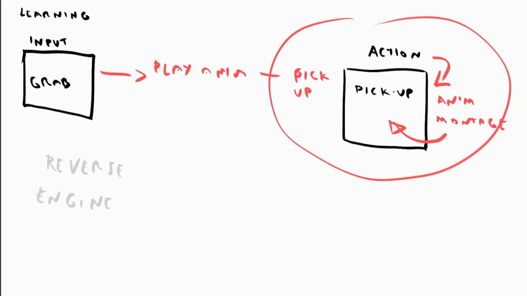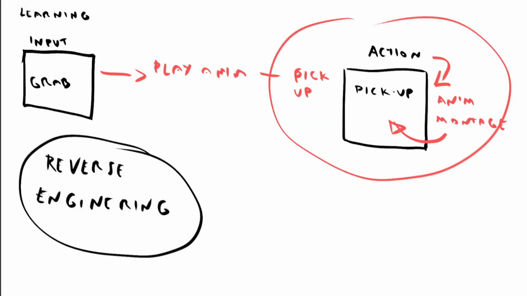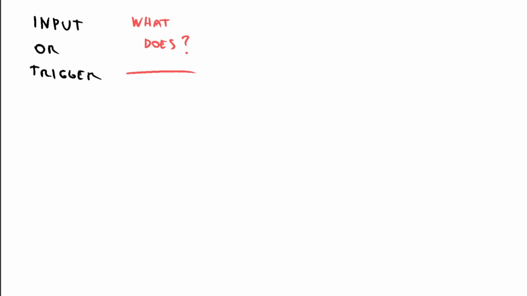This action right here we understand because we did reverse engineering. Okay, reverse engineering is the best way for you to learn how to do something. In fact, you need to discover what, let me clean it up. Reverse engineering makes you discover what the input or trigger does to the action that you want to learn.